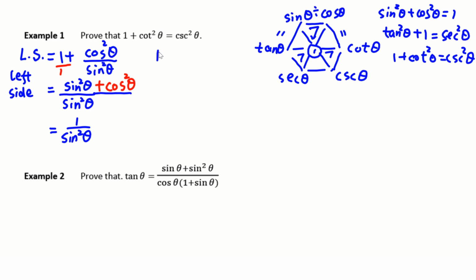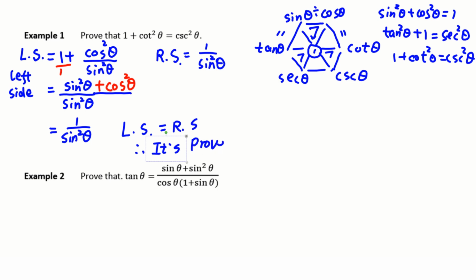We could do the right side, equals cosecant, the reciprocal of sine. So 1 over sine is your cosecant theta, and squared. So check, left side equals right side. Therefore it is proven. So this is our first trig identity you have proved.